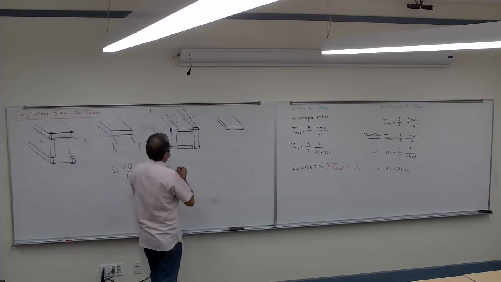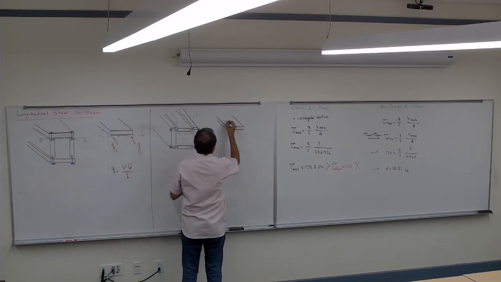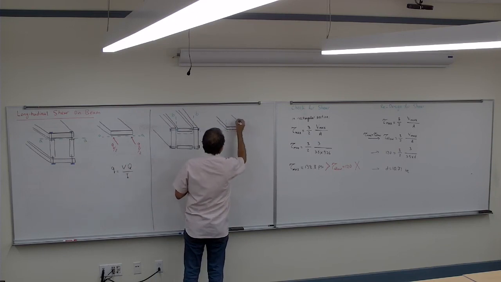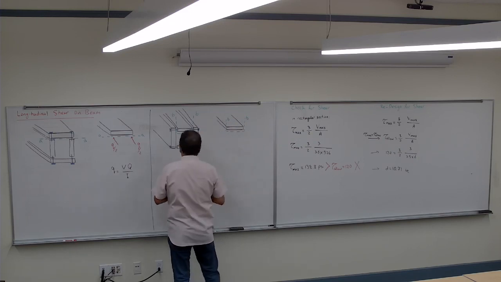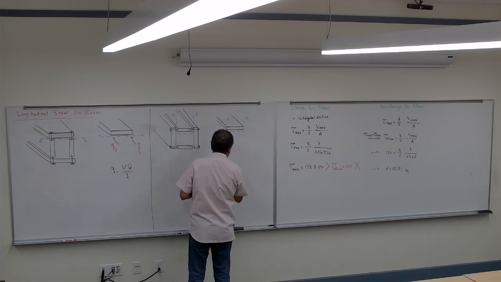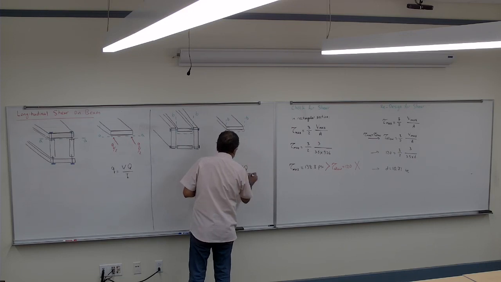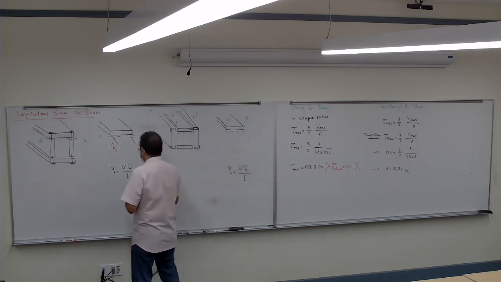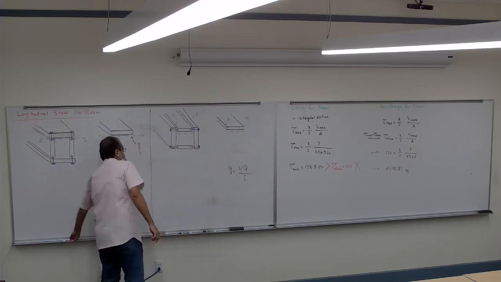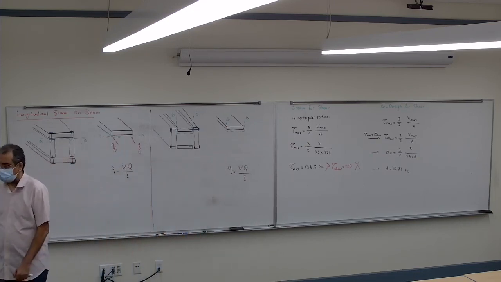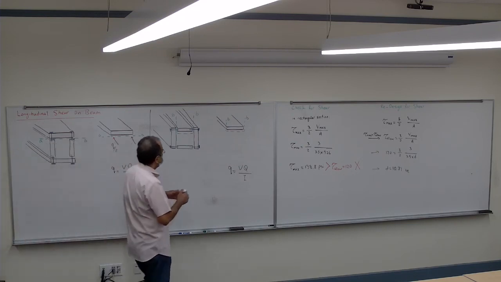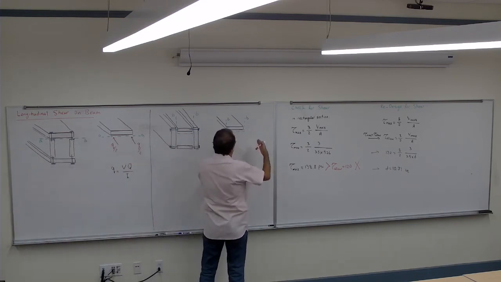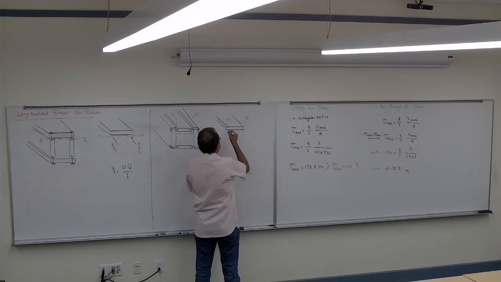The BB is here. So that's the B and B. Again, the Q is VQ divided by I, the horizontal force. And this time, where is it going to be split? One of the Q is going to be here.